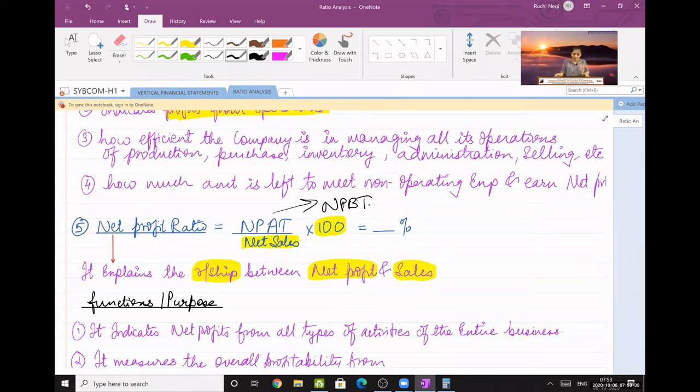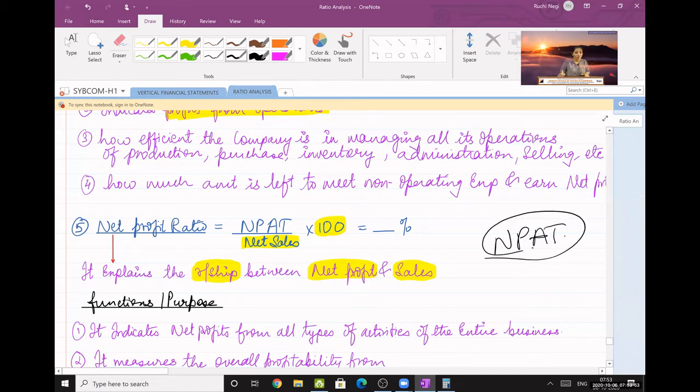So in textbooks, you will find them writing net profit before tax in the numerator, which is absolutely wrong. When you're calculating net profit ratio, I should know my net profit after I have paid my taxes, not before. So if you see NPBT in any textbook, please don't follow that. It is NPAT, not NPBT.